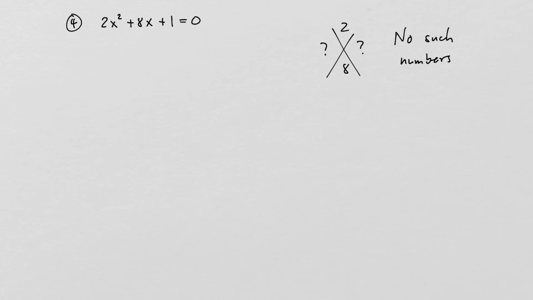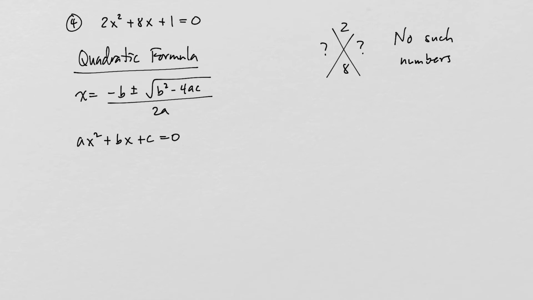So to solve this equation, what we're going to do is use the quadratic formula. So I'll go ahead and put that here. The quadratic formula is this formula here, and we use it to solve a quadratic equation, and make sure that when you're solving your quadratic equation that it's equal to 0.